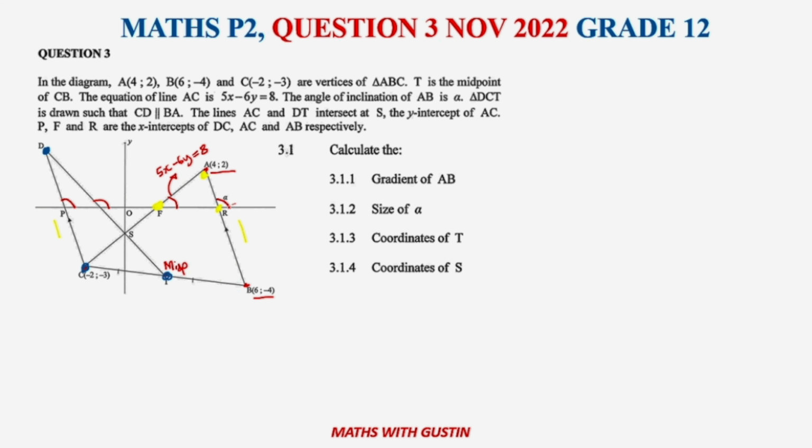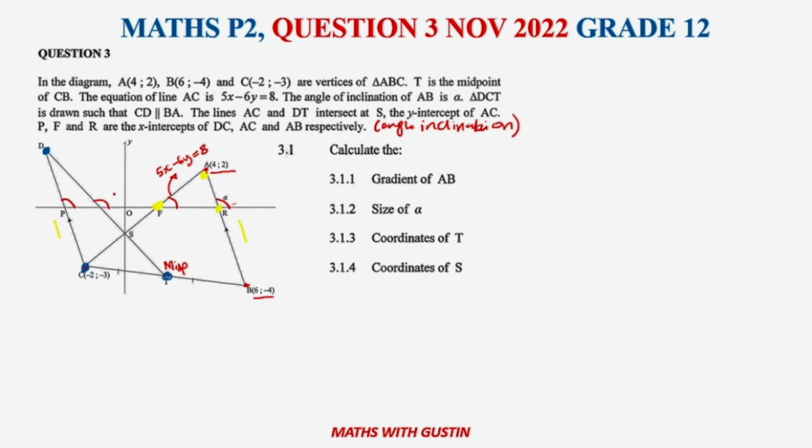These are all the angles formed by the angle of inclination. What is the definition of the angle of inclination? I already discussed it in previous videos, guys. It is the angle that the line forms with the x-axis.